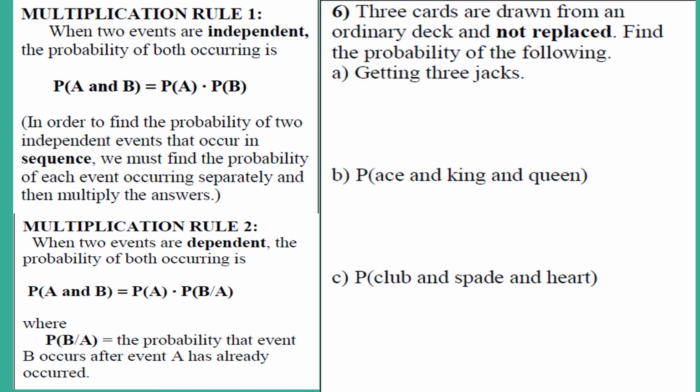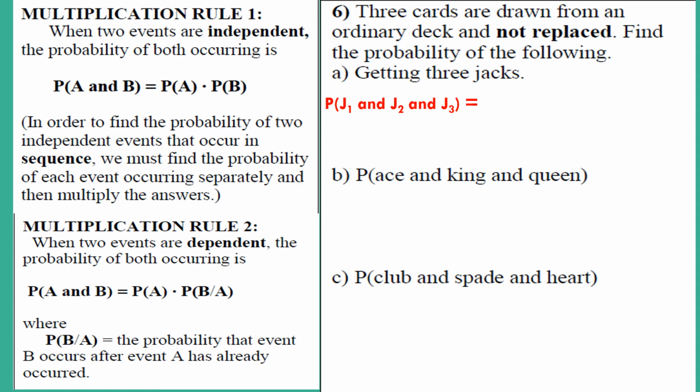3 cards are drawn from an ordinary deck and not replaced. Find the probability of the following. A. Getting 3 jacks. Since the cards drawn are not replaced, then this is the case of dependent events.